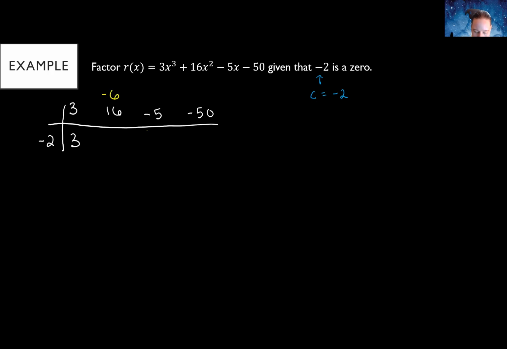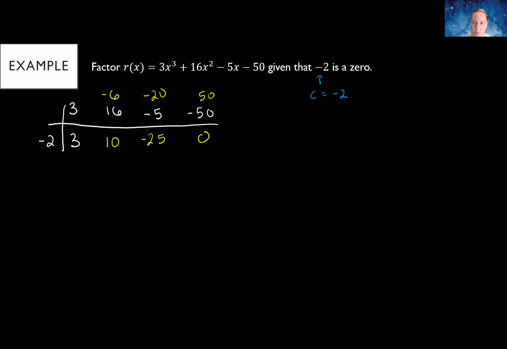So that gives me -6. 16 minus 6 is 10. Then -20. -5 minus 20 is -25. Then I get 50. And then I get 0. We know it's a 0 because we get 0 on the end.